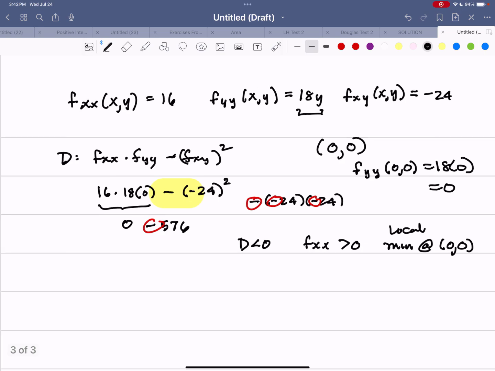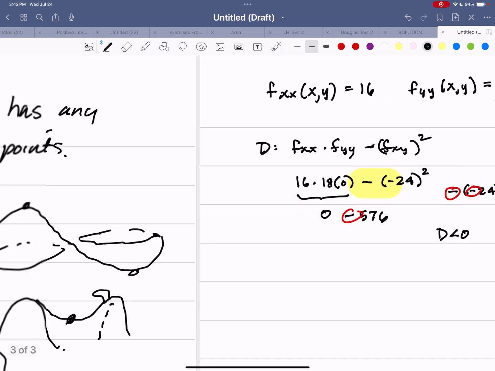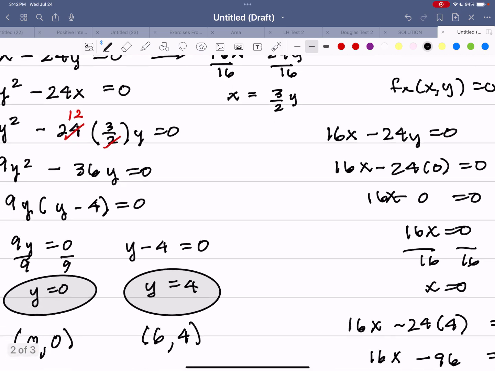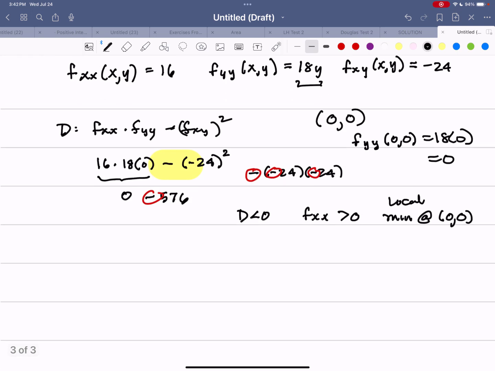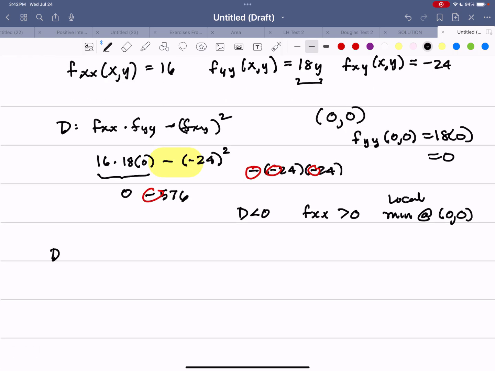Now we got to test the other point, because remember the other point, let's see, what was our other point? (6,4). So we've got to test (6,4). So testing (6,4) this time. f_xx is still 16. f_yy at (6,4) is going to be 18 times 4. Well, 18 times 4 is 72.